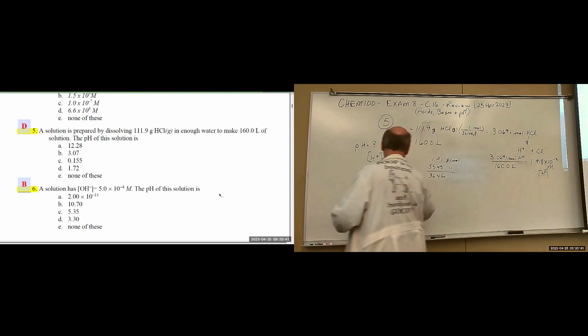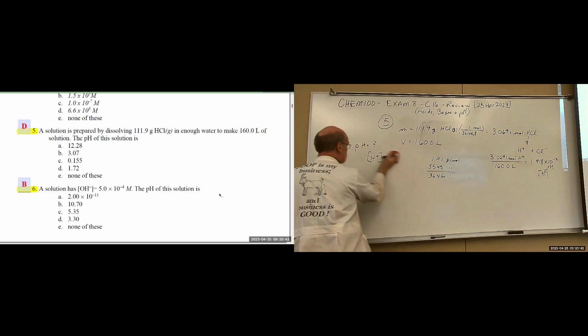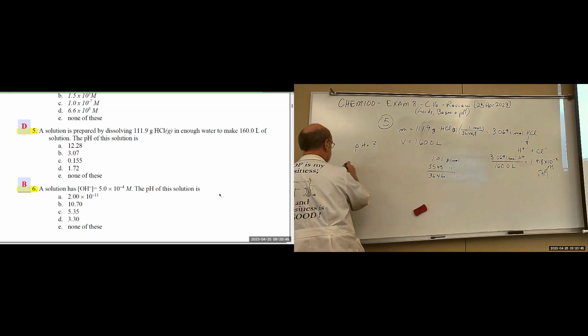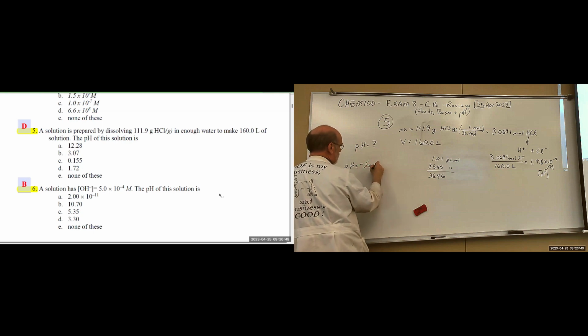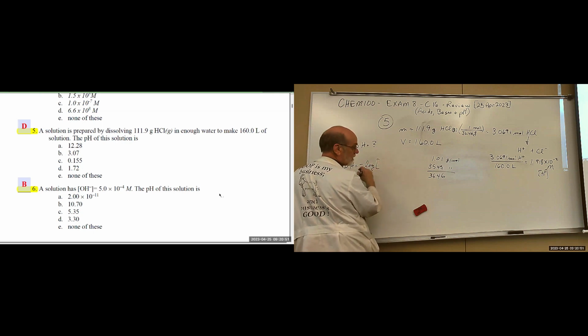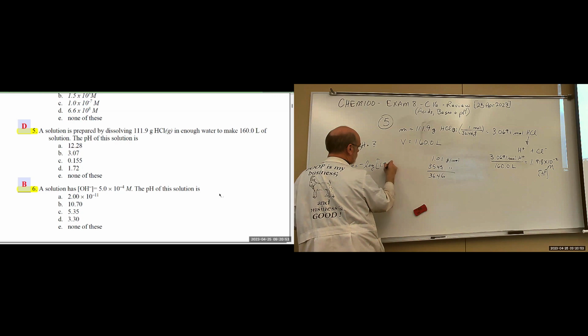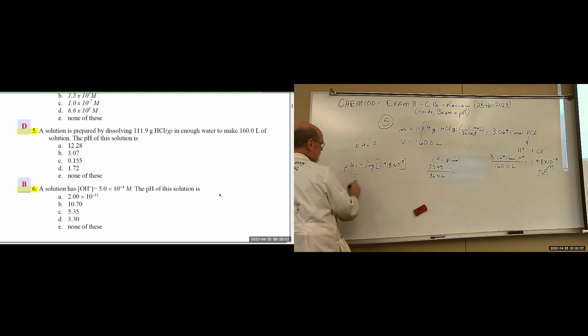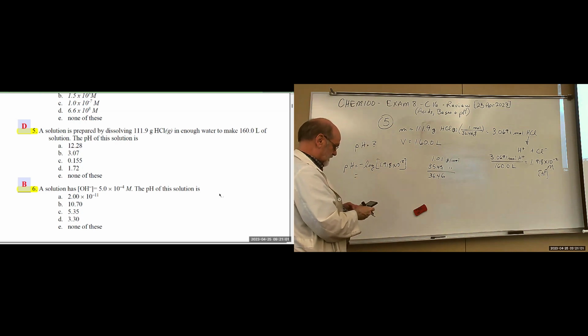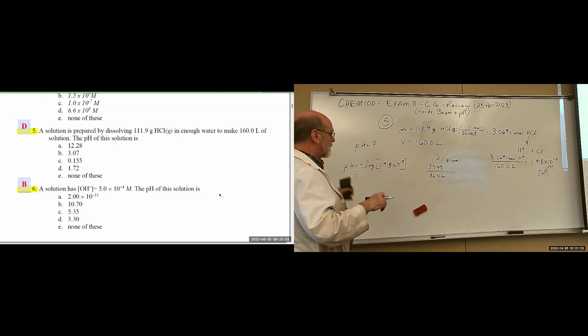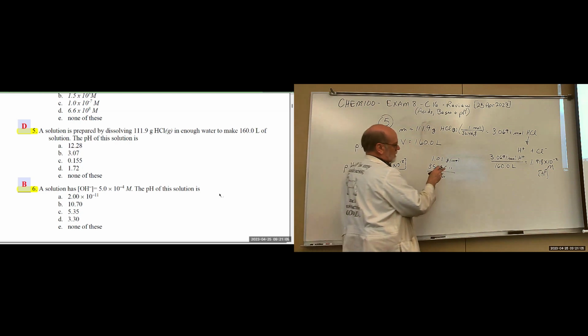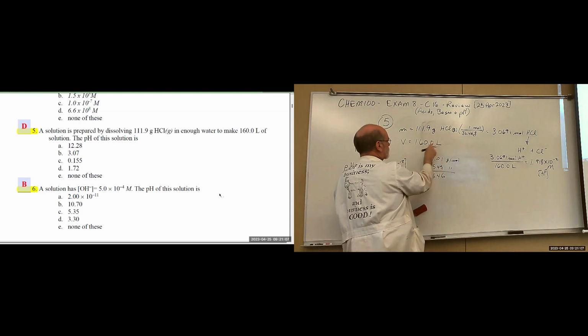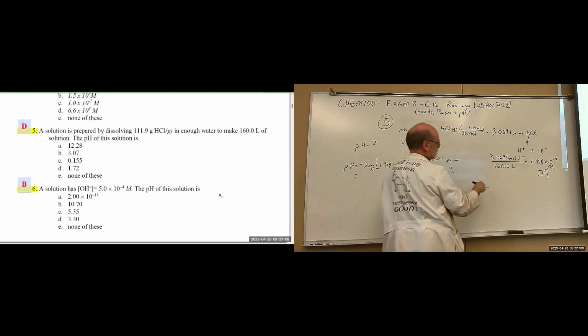Okay, so now we can do the calculation. Right? pH then is equal to negative log of 1.918 times 10 to the minus 2. So let me take the log of that and change the sign. All right. So we've got 4 significant figures here, 4 here.